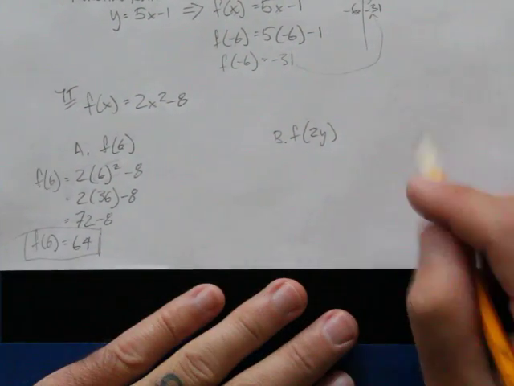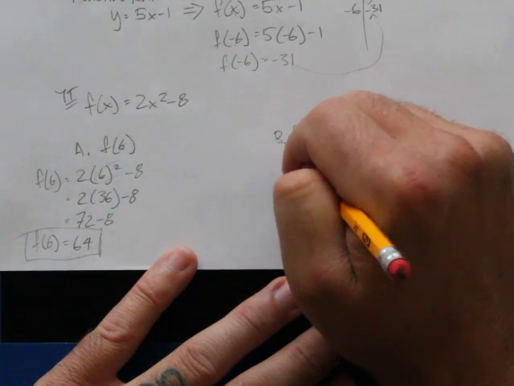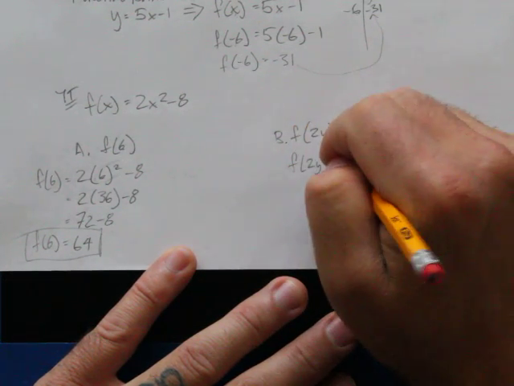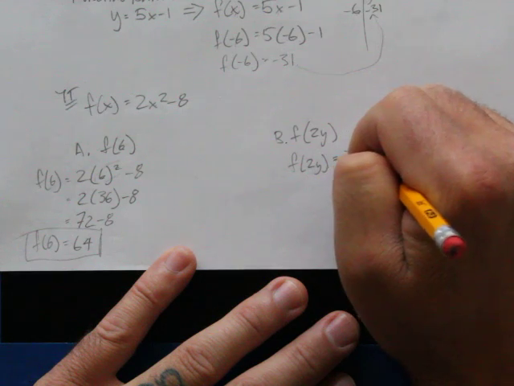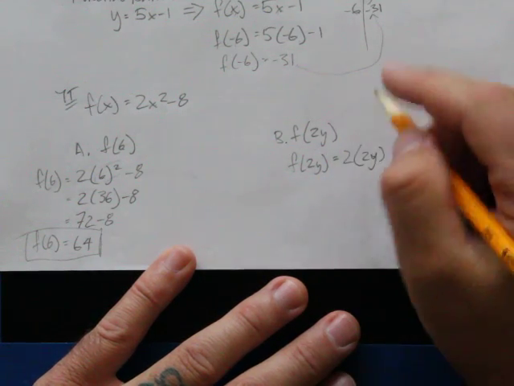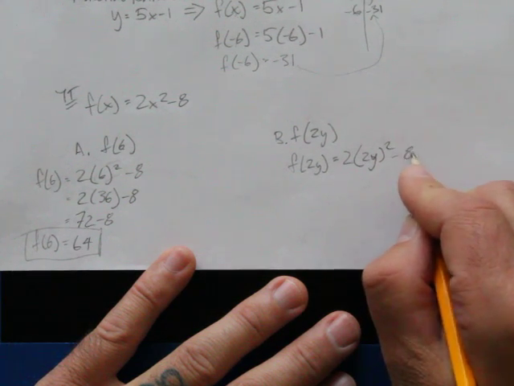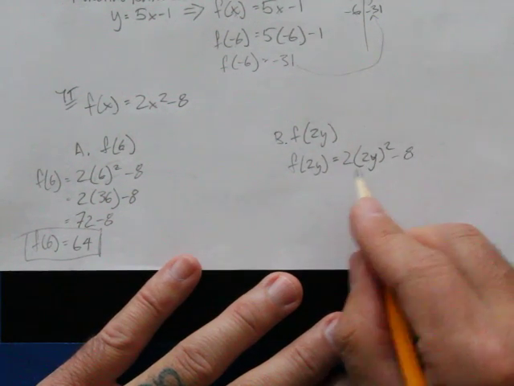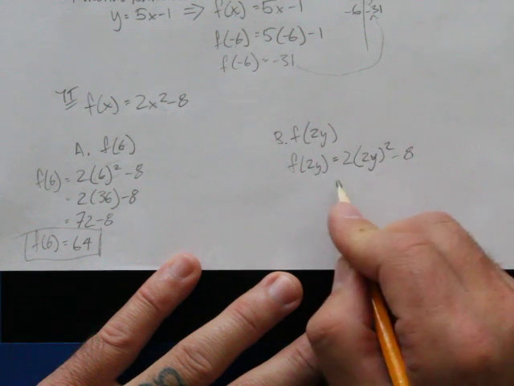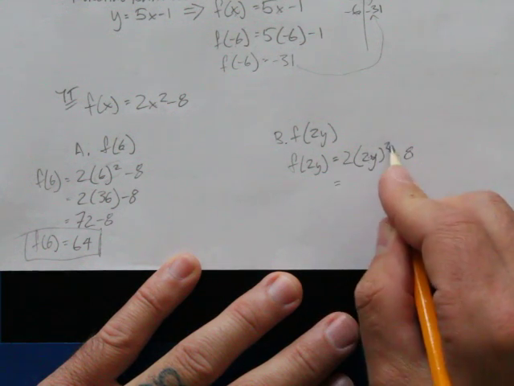Let's do this one now. This one's a little bit more tricky. F of 2y equals 2 times, all I'm doing is plugging the 2y in for x, squared, minus 8. And so now I just work this out. I need to do my exponents first.